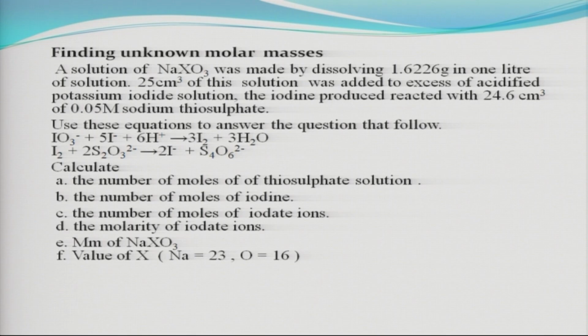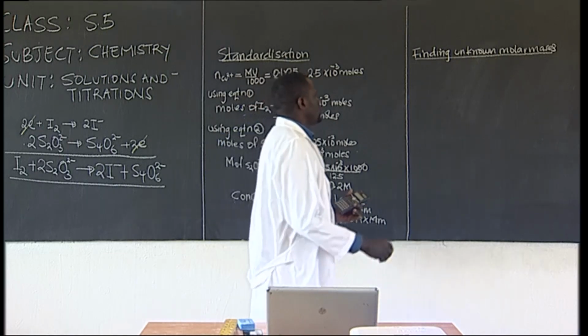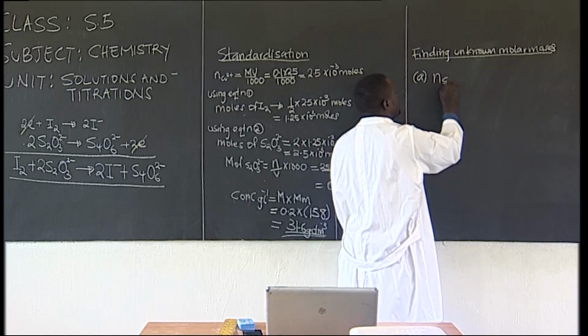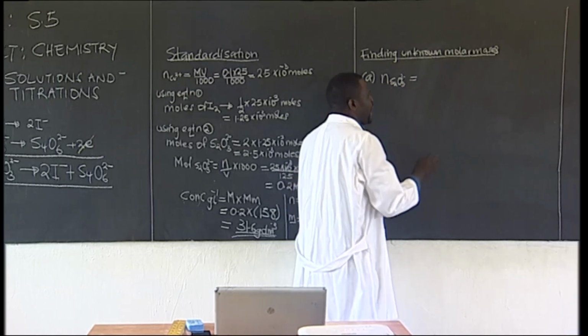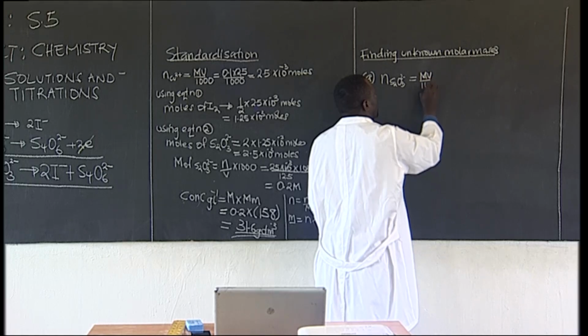Using these equations they have given you, they tell us to calculate the number of moles of thiosulfate. So we have moles equals MV over 1,000.